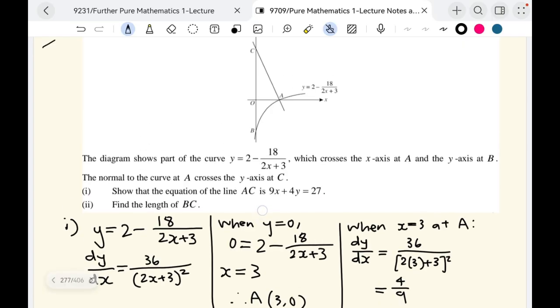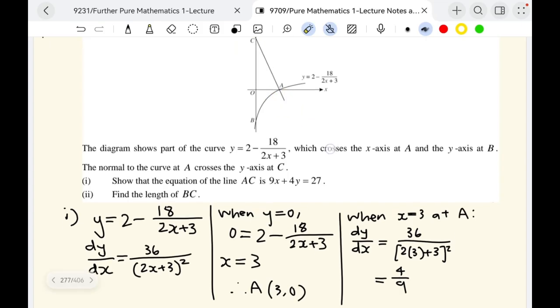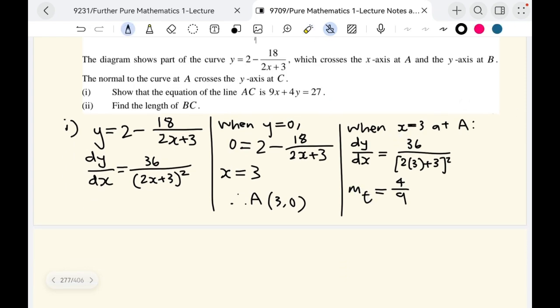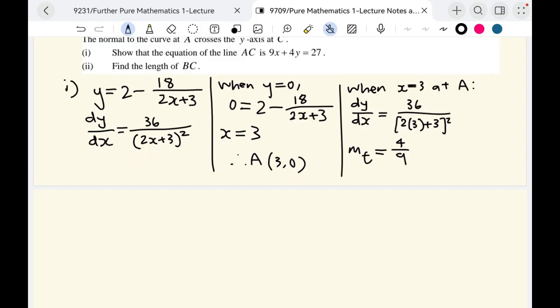Okay, so which means that the gradient of the tangent is positive, because actually the gradient of the tangent looks like this. So as you can see, the equation of the normal in the diagram shown must be negative. Okay, common sense. So this you can label as the gradient of the tangent. Now for the normal.